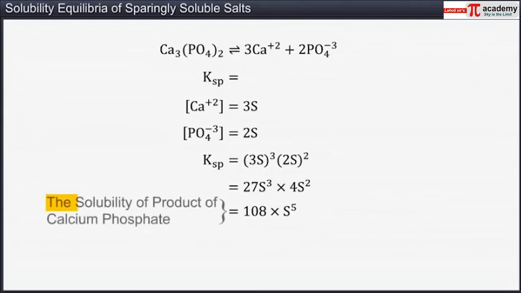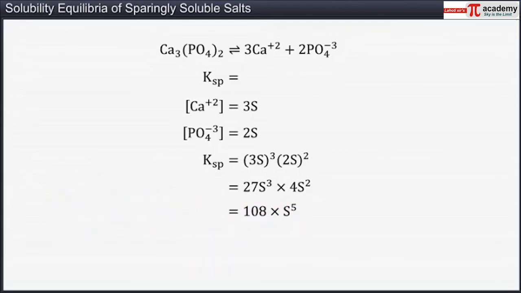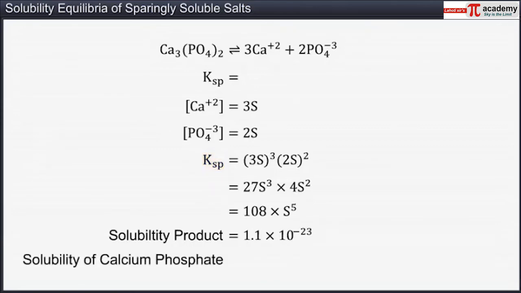Thus, the solubility product of calcium phosphate is equal to 108 multiplied by S raised to the power of 5. If the solubility product, Ksp, of the salt is known, then the solubility of calcium phosphate is equal to 1.05 multiplied by 10 raised to the power of minus 5 mole per liter as shown.